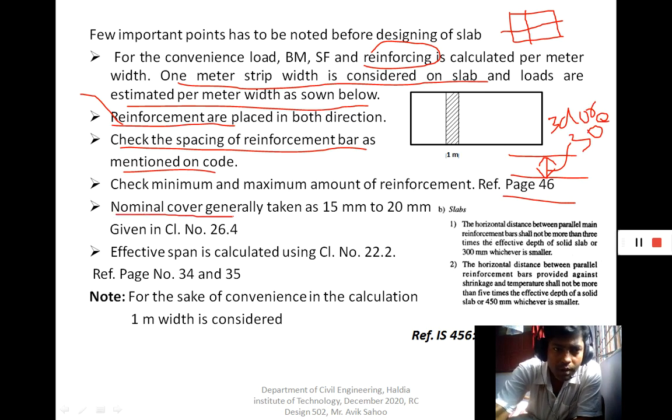The nominal cover is considered 15 mm to 20 mm. Nominal cover depends on exposure condition, but normally we consider 20 as the standard; 15 to 20, 25 you may also consider.